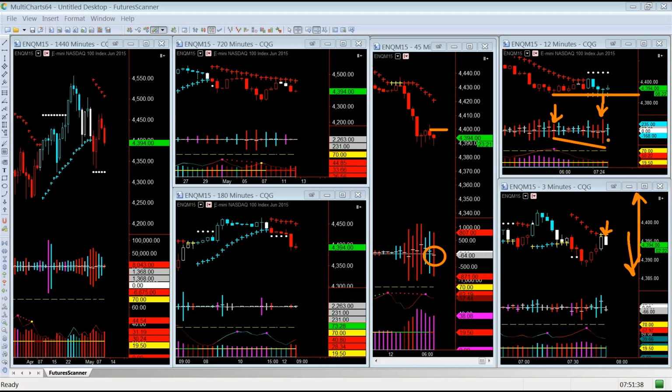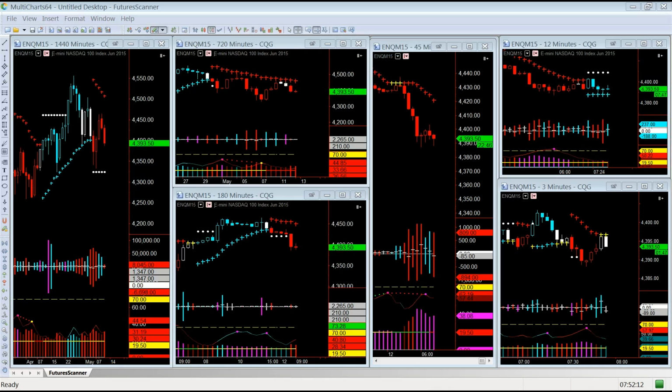So this bar said they put everything they had into it, but they did not get a new low. Okay? That's what's substantial about that bar. I want to see that delta go above 0. But it's got 22 minutes.